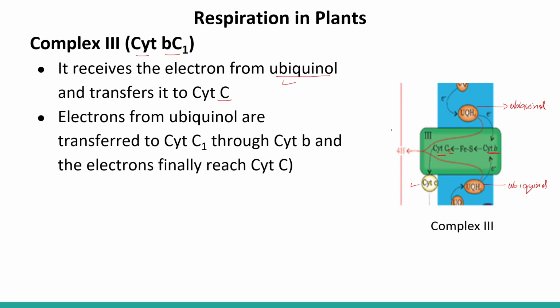What is happening here? Electrons from the ubiquinol are first transferred to cytochrome b, and then from cytochrome b to cytochrome c1, and finally from cytochrome c1 to cytochrome c. Now cytochrome c is a mobile element.